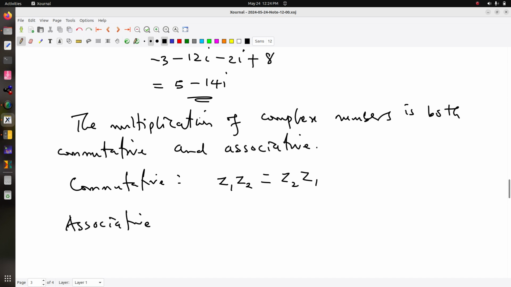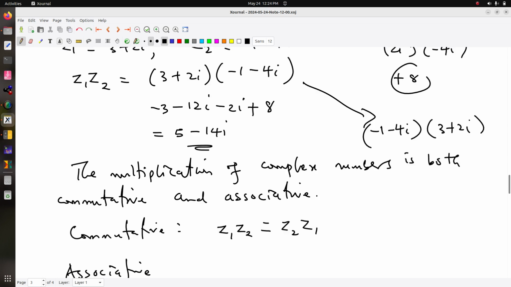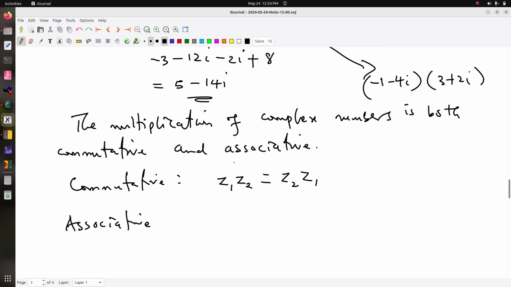What about associative? So that is whether we put 3 plus 2i first, minus 1 minus 4i second, or we put minus 1 minus 4i multiplied by 3 plus 2i. We're going to get the same answer of 5 minus 14i. So that is what we mean by commutative. Whether you put the z1 first or the z2 first, you get the same results.